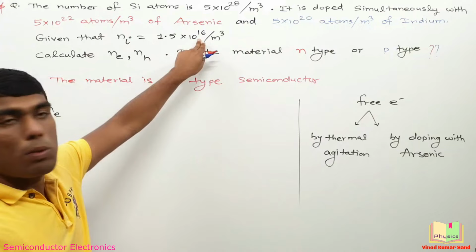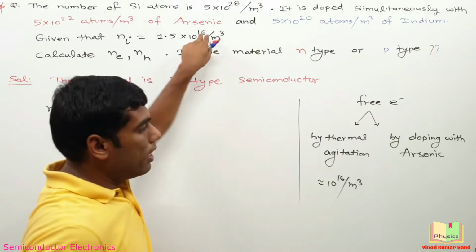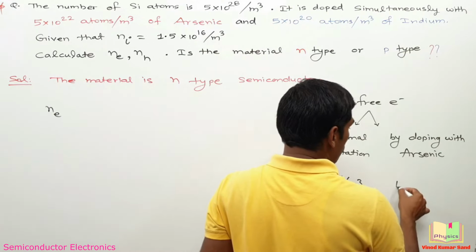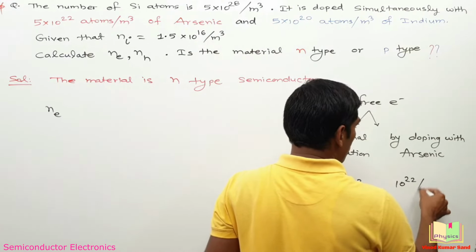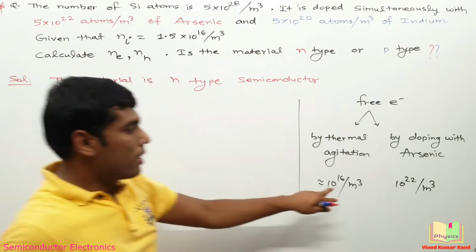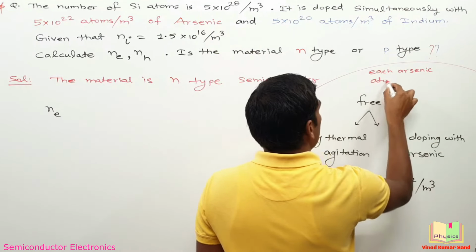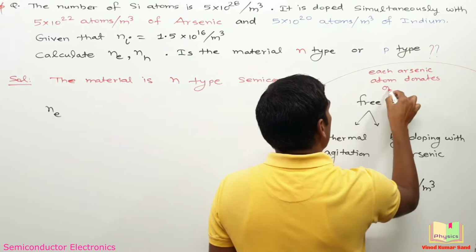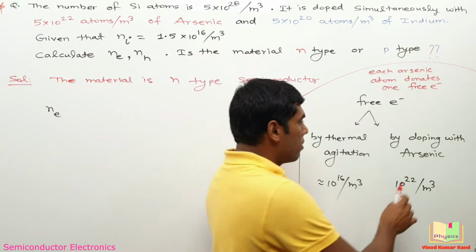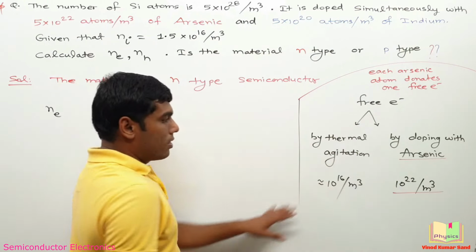It is around 10 to power 16 per meter cube. And with the arsenic doping, it is around 10 to power 22 electrons per meter cube. So basically this data is more. Each arsenic atom donates one free electron. So for calculation purpose, we'll consider this only and we can neglect the other.